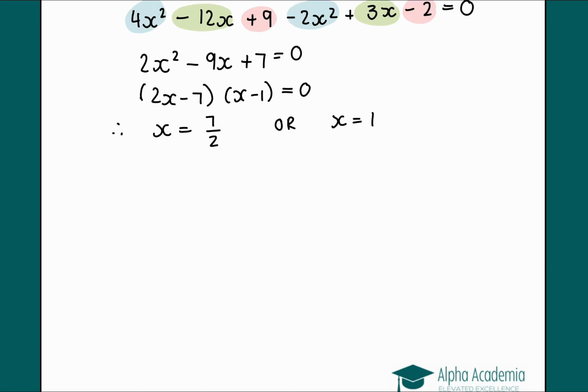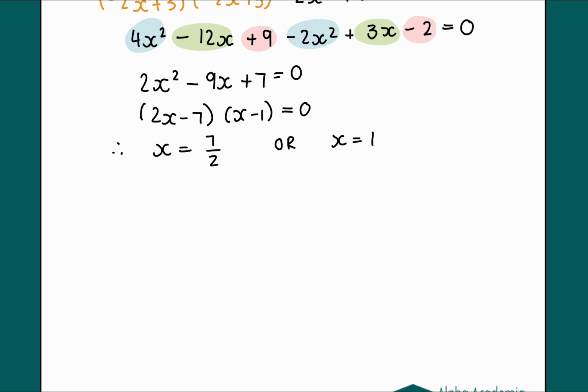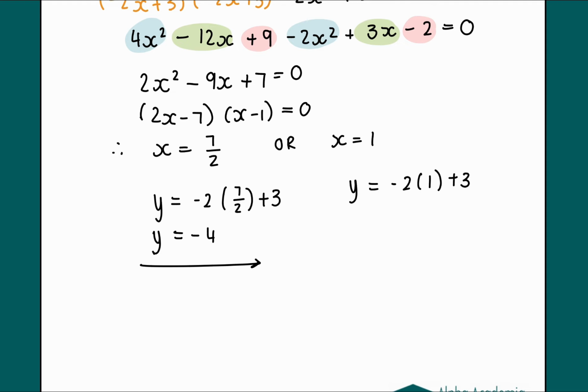So if I have to sub it in there, I would get that y is equal to negative 2 times 7 over 2 plus 3, or that y is equal to negative 2 times 1 plus 3. And if we then solve for y, you'd get that y is negative 4 when x is 7 over 2, or you'd get that y is equal to 1 when x is equal to 1.